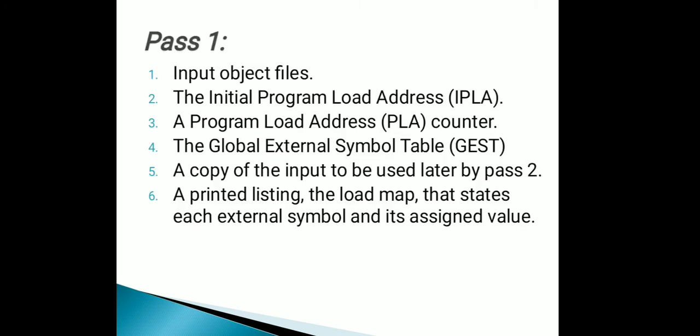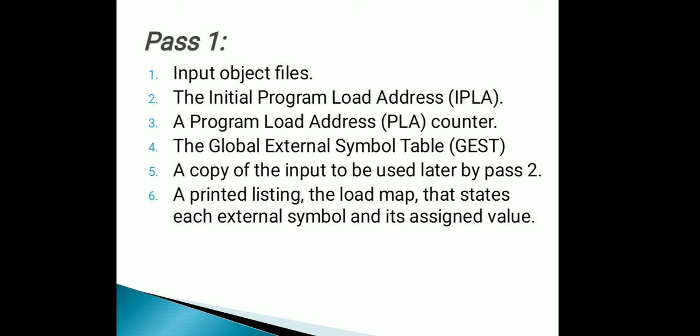Okay. Pass 1. The purpose of the first pass is to assign a location to each segment and thus to define the values of external symbols. First one is what? Input object files.